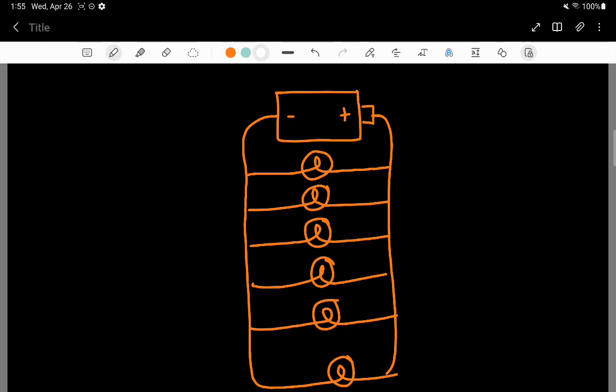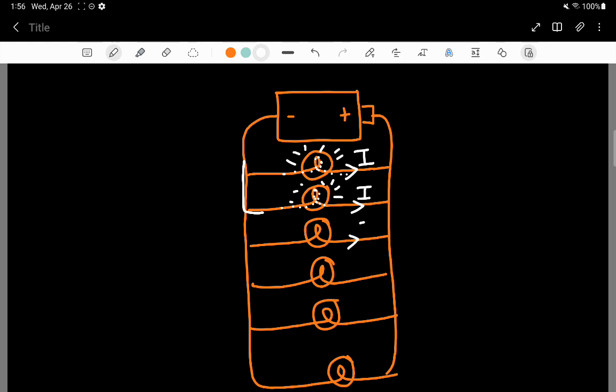So the issue that arises is the following, and this is why this situation is dangerous. Let's say that the current I is traveling through this light bulb, causing this light bulb to burn with this brightness. And because the circuit is such that the current can also go through here, this light bulb is also going to turn on at the same time, also have the current I through it.